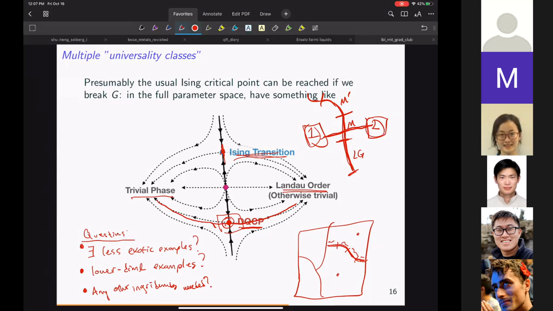If the symmetry is enlarged, you should consider the fields carrying some representation of the symmetry. So in this specific example, the G symmetry is necessary because you want to stabilize the critical phase, right? The G symmetry is just so that there's only one parameter to tune.